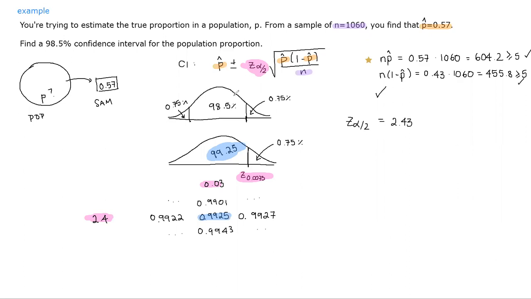And now I can plug this into my expression as well, right? So what I found here is the value for Z alpha over 2, which I will now replace into the formula that I have for the confidence interval.